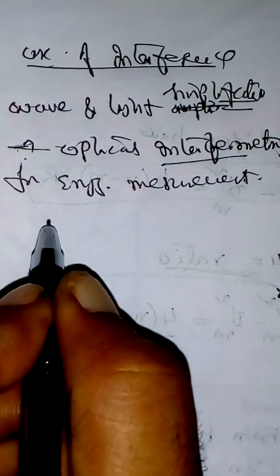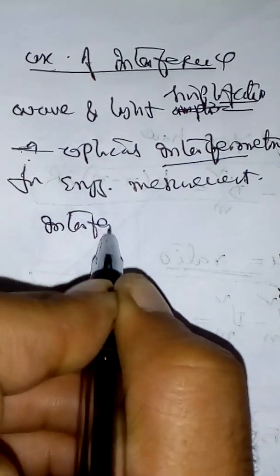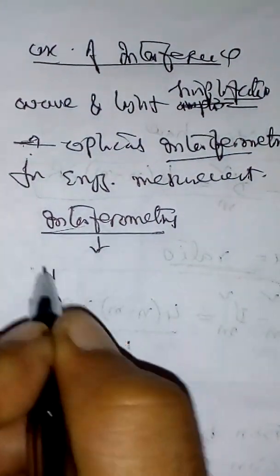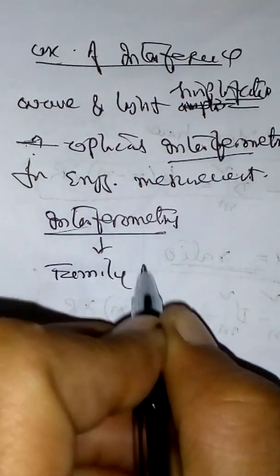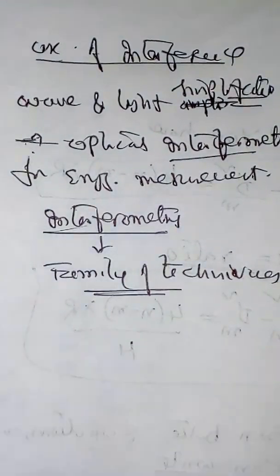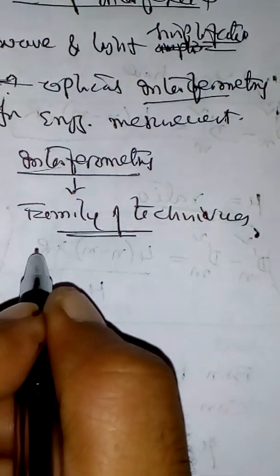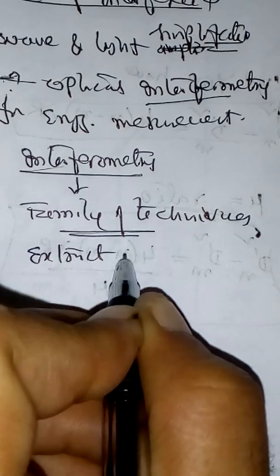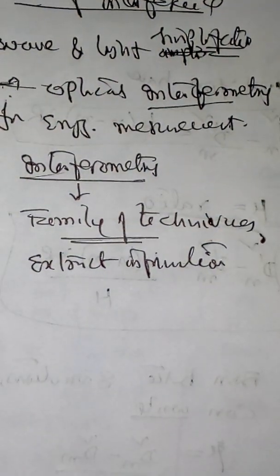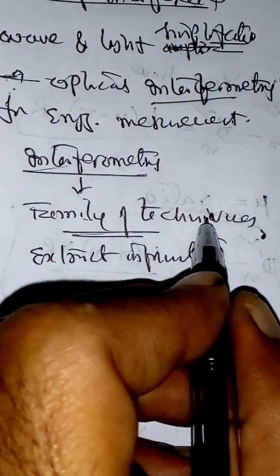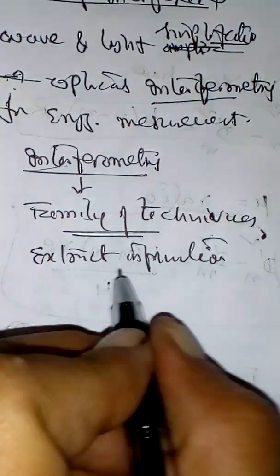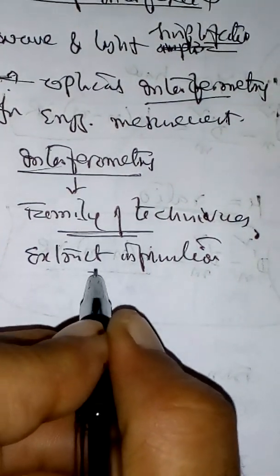Now, when we use the word interferometry, right now understand it is a family of techniques. Techniques used for what? Techniques used to extract information. Information, how?